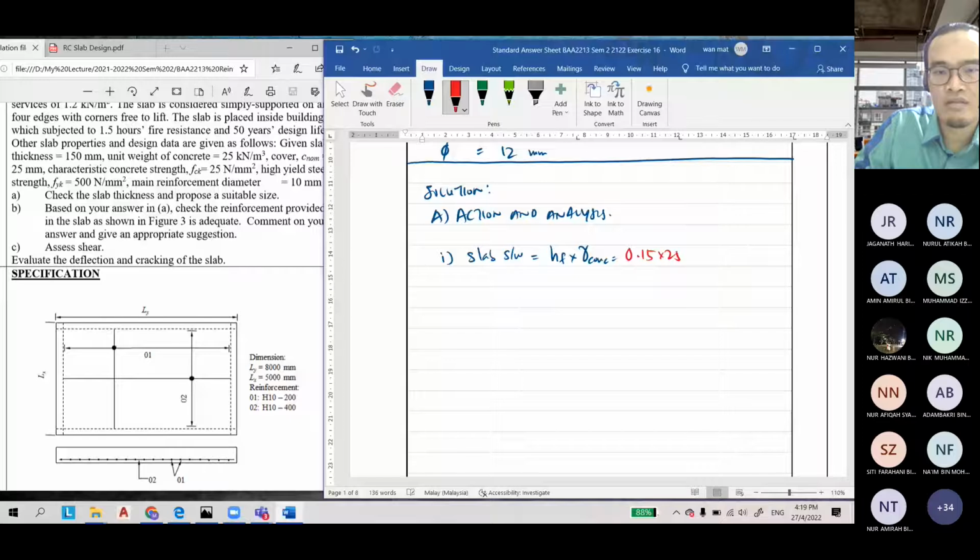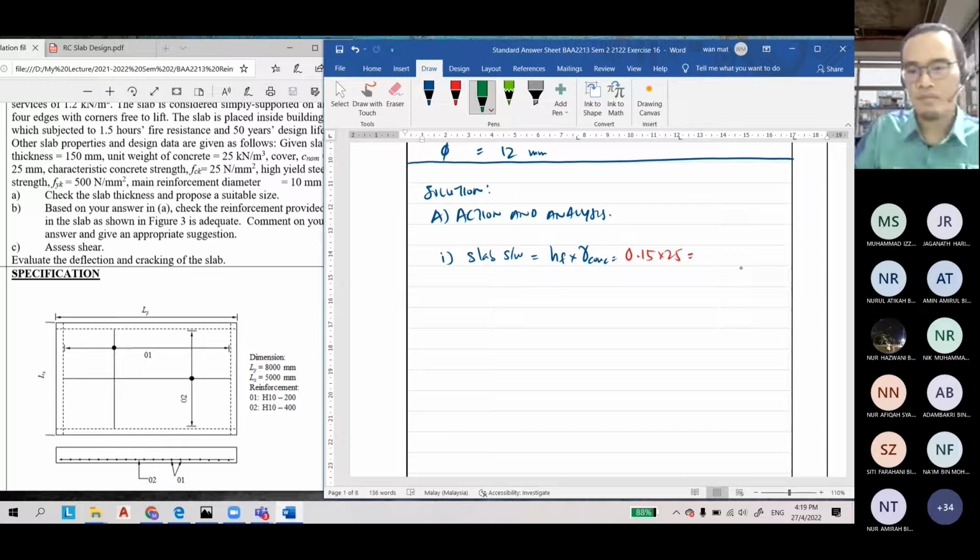So what is the answer? 3.75 kilonewton per meter square. Good.